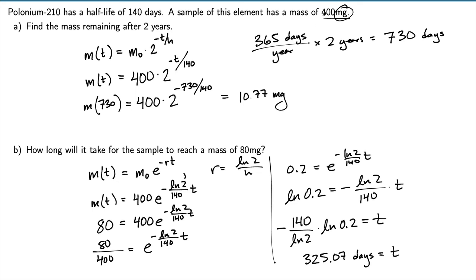If we cut 400 in half once, we get down to 200, and then twice we're down to 100. But then we don't cut it down quite in half again because we just get down to 80 instead of 50. So it should be a little bit more than 2 half-lives. And the half-life is 140, so 2 of that would be 280, and this is a little bit more than that. And so this answer does make sense in the context of the problem.